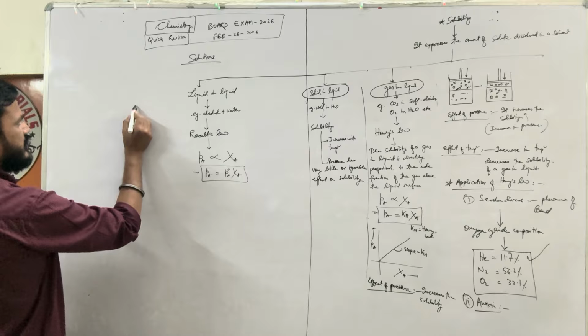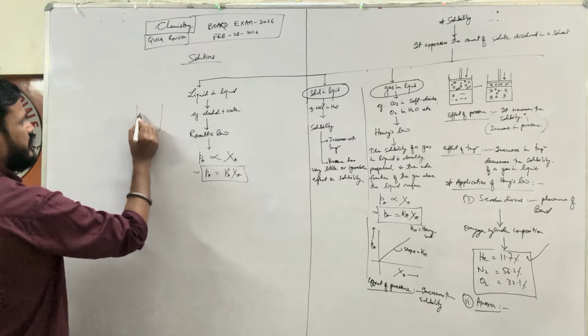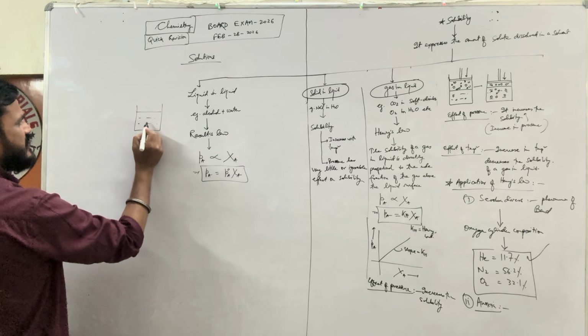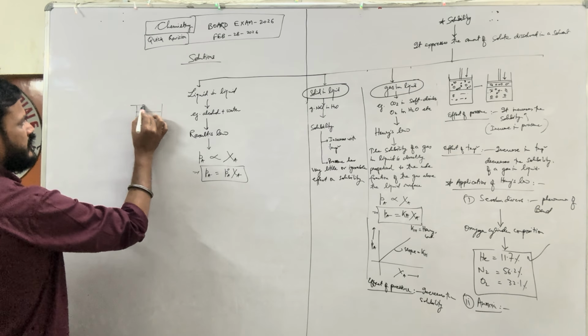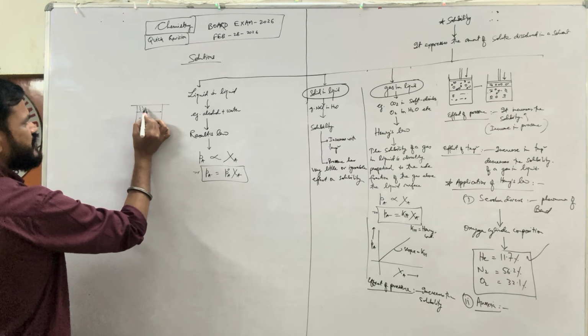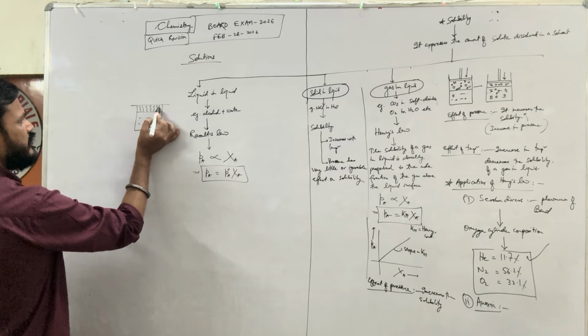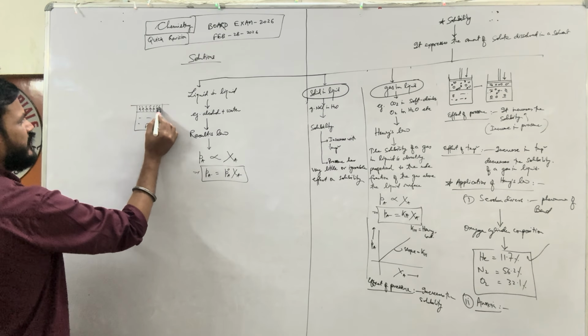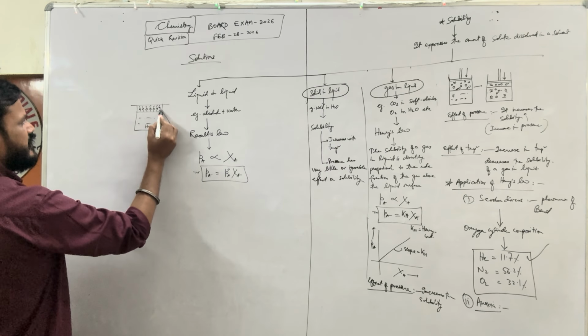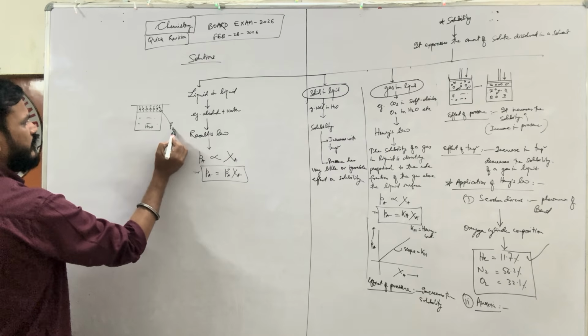Suppose one has just one liquid, just water. Now the vapor pressure of just water will be the pure vapor pressure. It is just P naught of water.